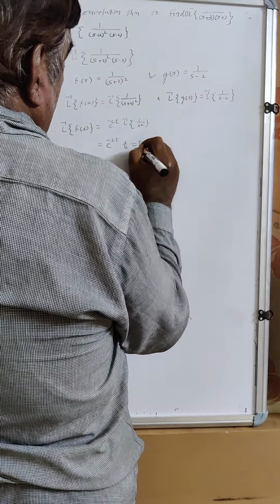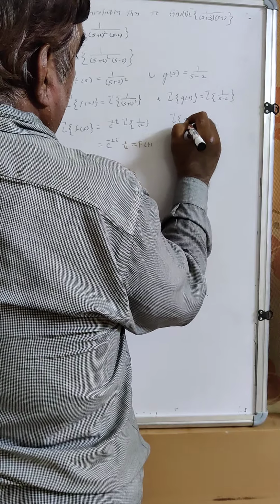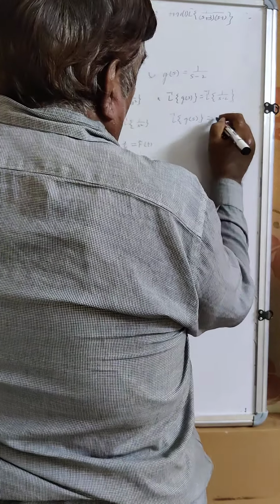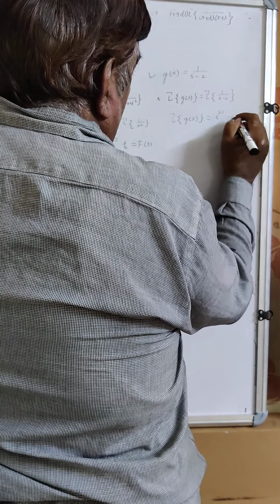That is a function of t. Laplace inverse of G(s) is equal to Laplace inverse of 1 upon s minus 2, that is e raised to 2t, that is g(t).